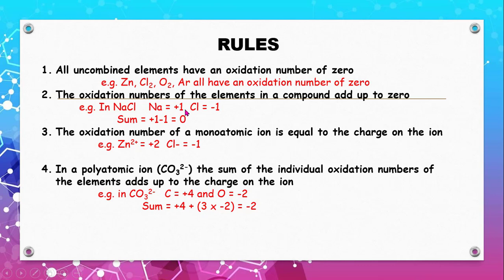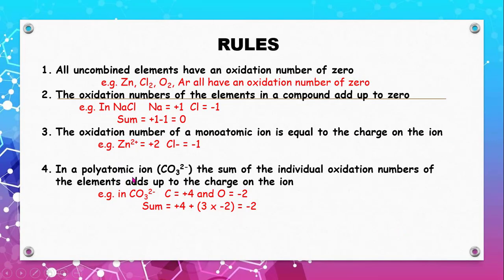If we add up these two things, we get 0. The oxidation number of a monoatomic ion is equal to the charge on the ion. So say, for example, we have zinc with a 2+ charge, the oxidation number will be +2. Same thing with chlorine, oxidation number is -1.